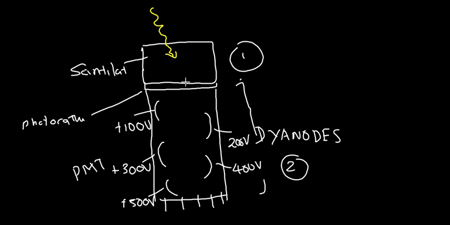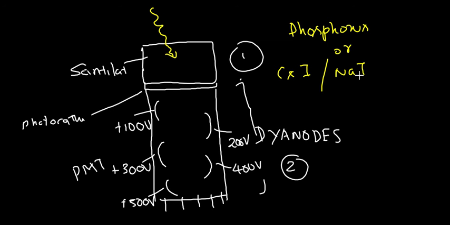As I told you, the scintillator can be made up of phosphorus, or the most common material used for a scintillator, cesium iodide or sodium iodide.